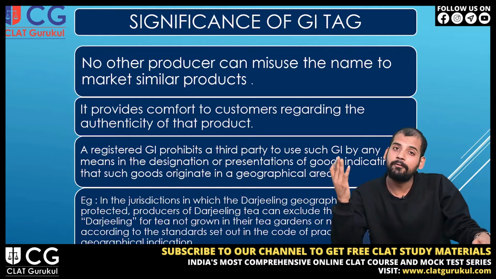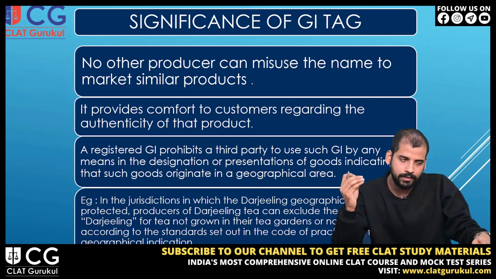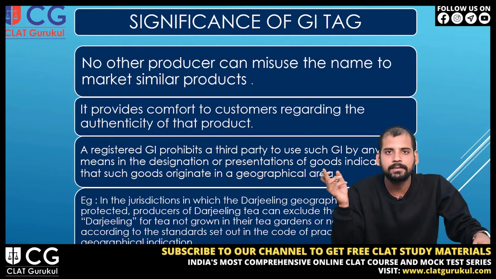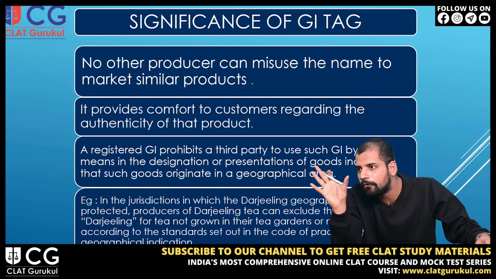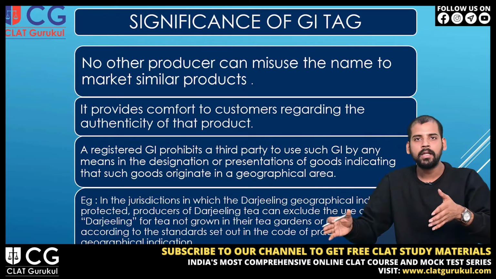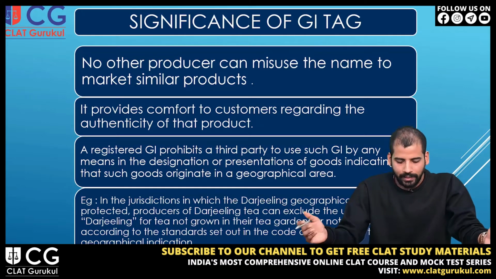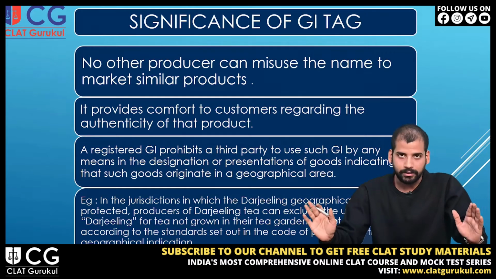If I give you an example of some standard mark, there's a standard mark of BIS hallmark. So when you get these kind of marks, or when you get to know that this kind of authenticity is attached to that product, you are always comfortable with that product, right? So that's what it provides comfort to customers.